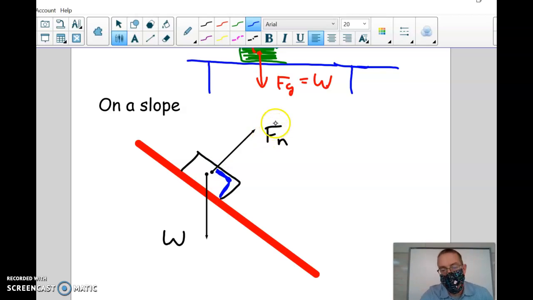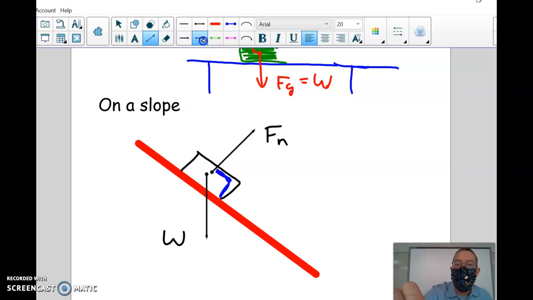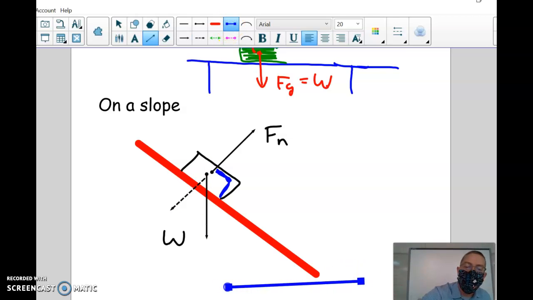Now, here's where it gets a little tricky. This normal force is offsetting the force of this book on this slope. And so that would be represented by actually this component of this weight. Now let's add a couple more lines here to help us understand this.